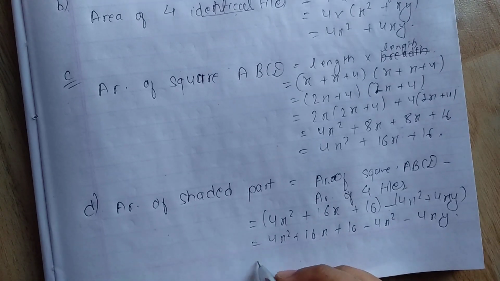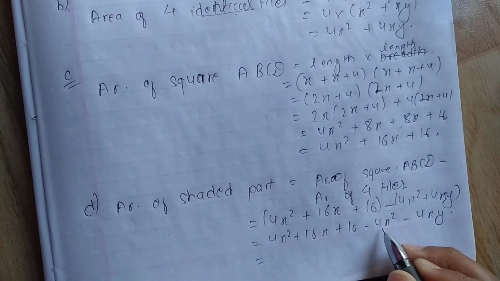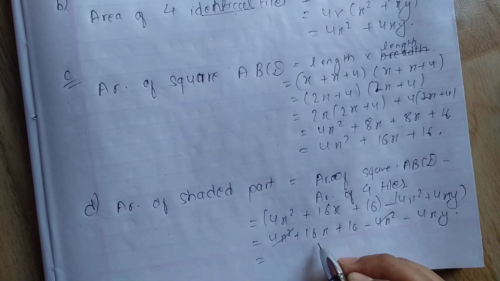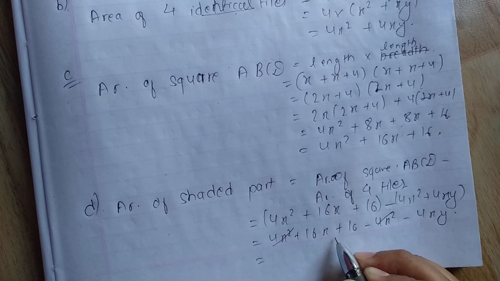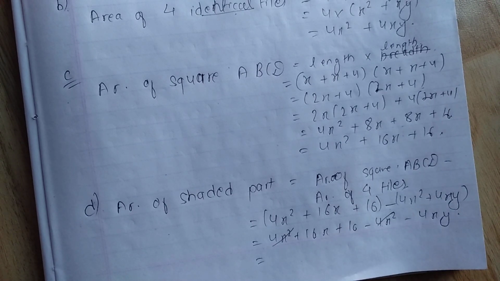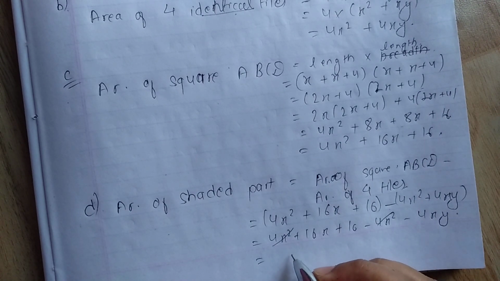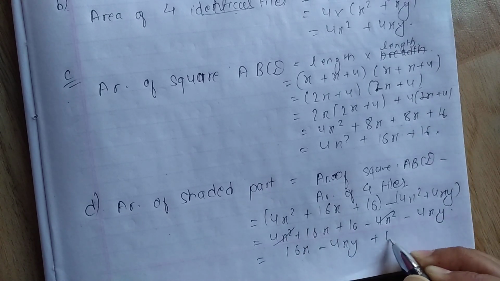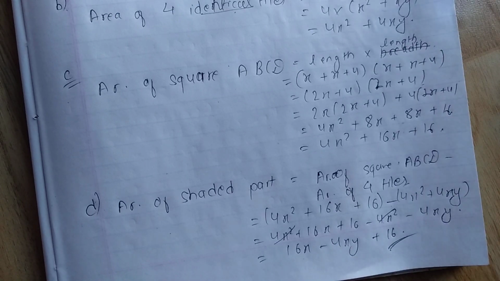Look, now arranging, 4x square minus 4x square will cancel out. Now 16x is only there. So 16x minus 4xy plus 16 will be your answer for the area of the shaded portion.